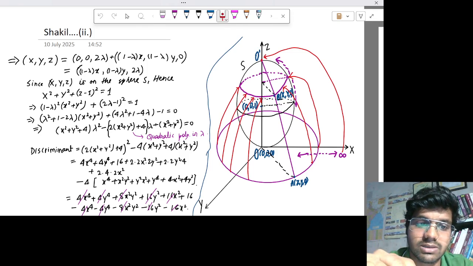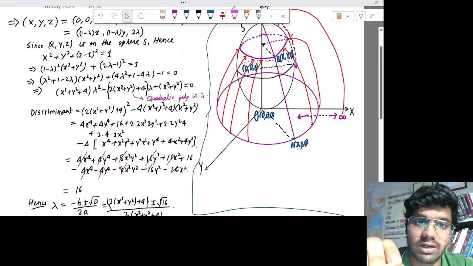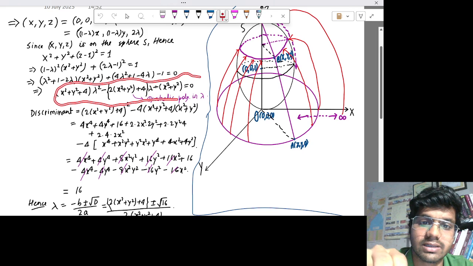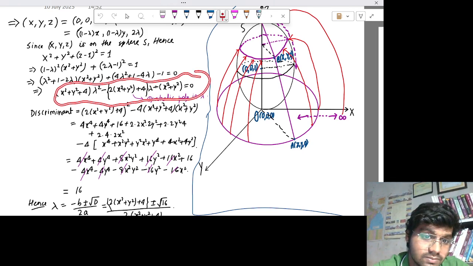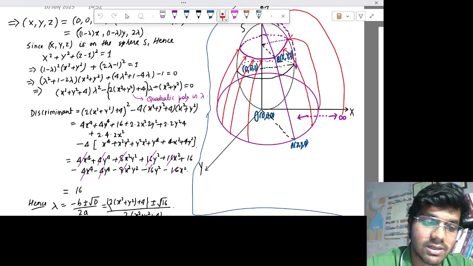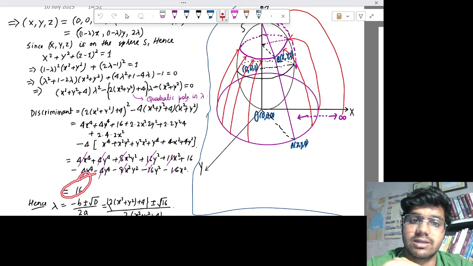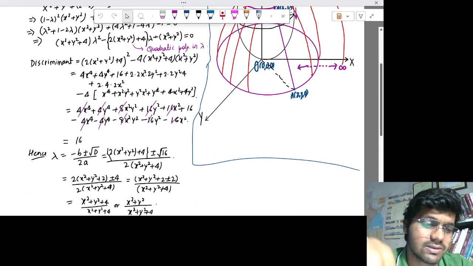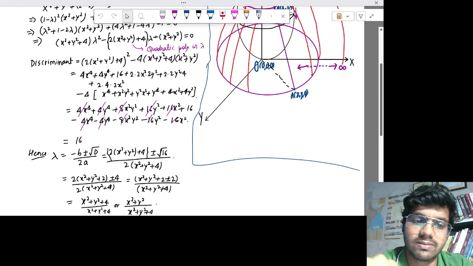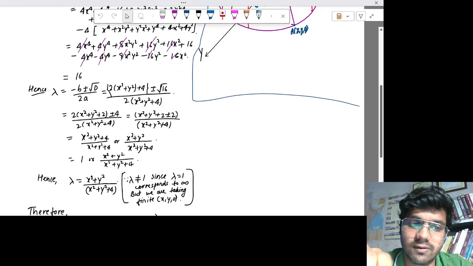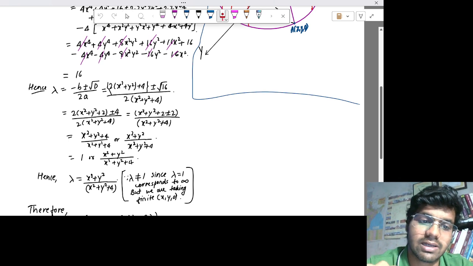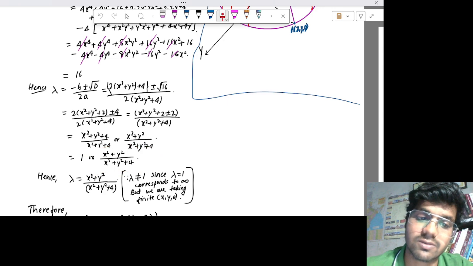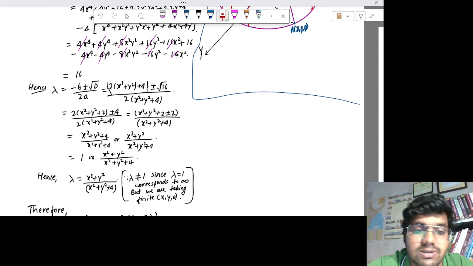When you solve this equation for lambda, you get a quadratic polynomial in lambda whose discriminant is 16. By applying the quadratic formula, you get lambda equal to either 1 or x square plus y square over x square plus y square plus 4.